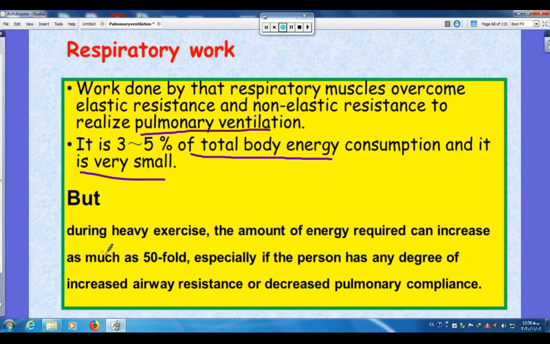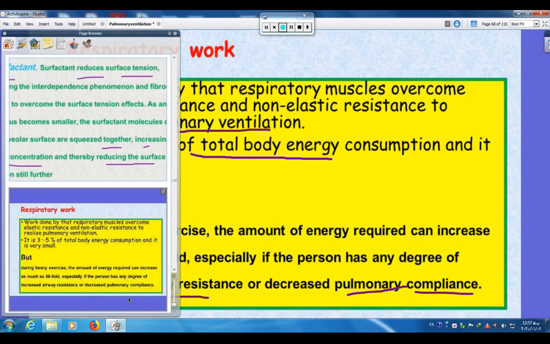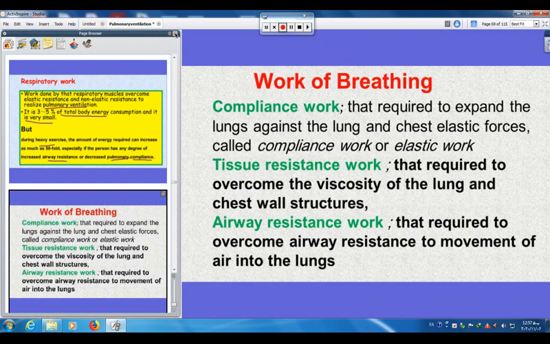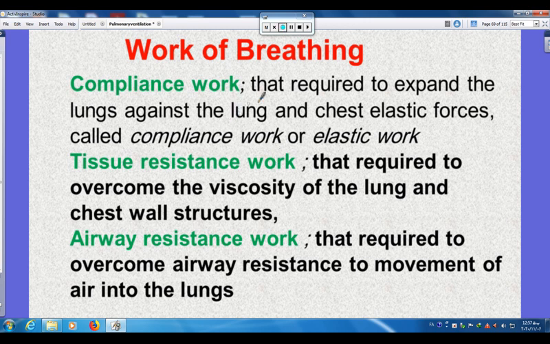But during heavy exercise and in disease, the amount of energy required can increase as much as 50-fold, especially if the person has any degree of increased airway resistance or decreased pulmonary compliance.